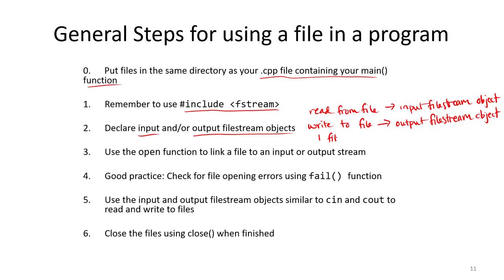You basically need one file stream object for each input and each output that you're using. In other words, if you're writing a program that is sending data to or from many files, you're going to need many file stream objects.